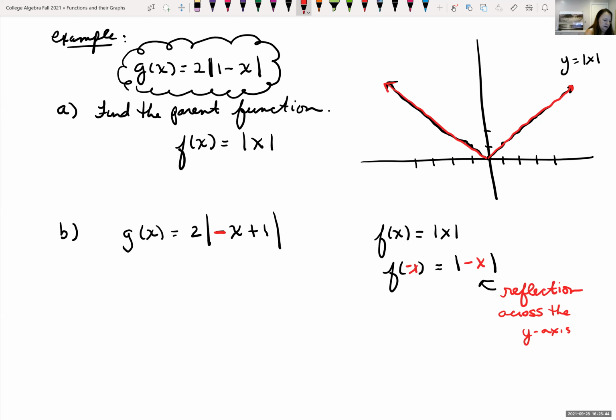This +1 in here, this is shifting the graph to the left 1 unit. So now I have this f of negative x +1.